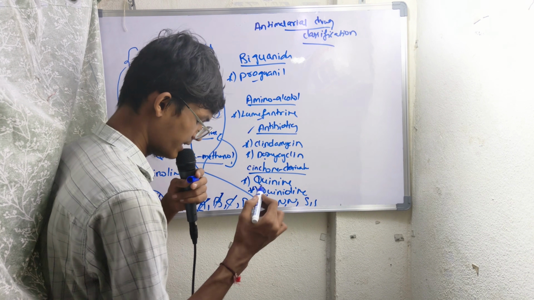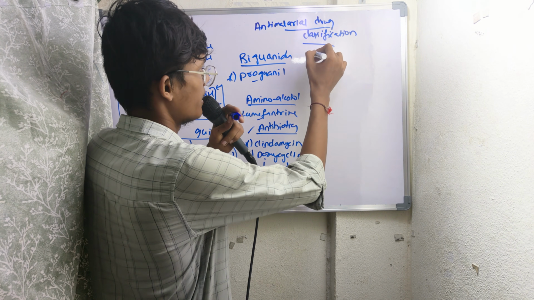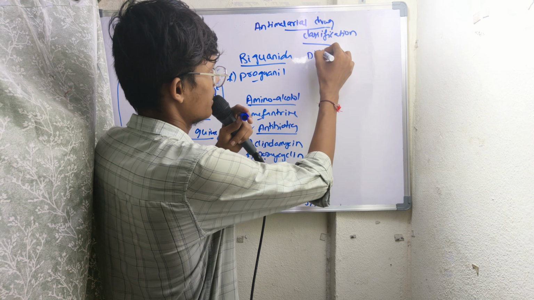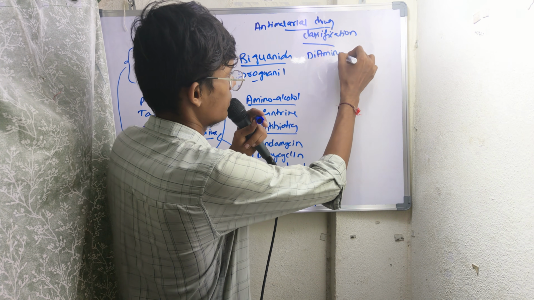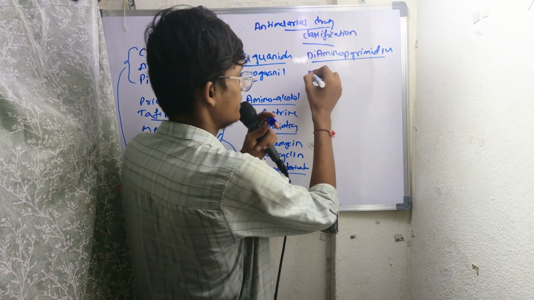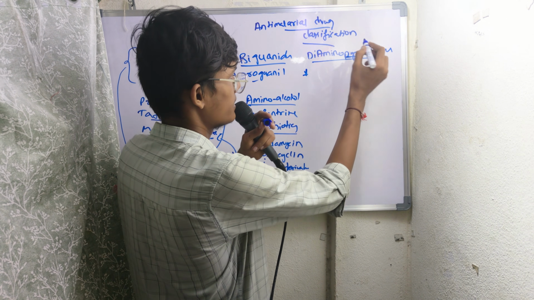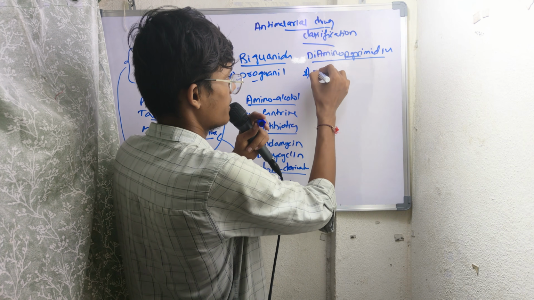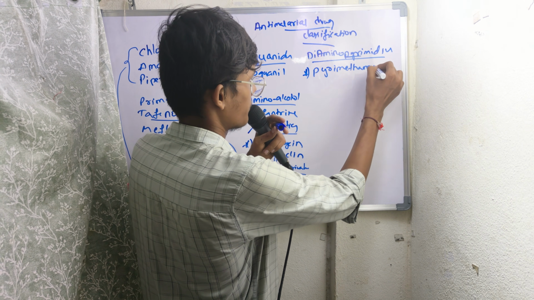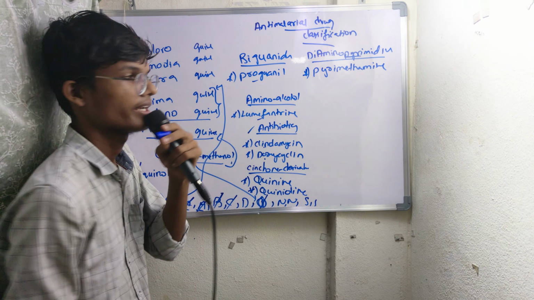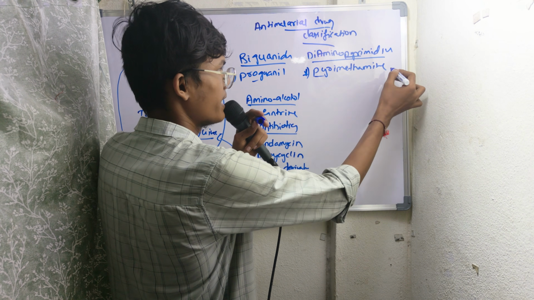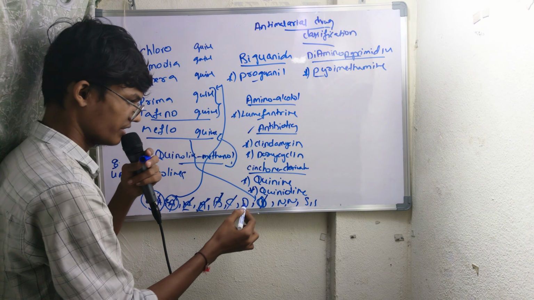Then for D, go with diaminopyrimidine. In diaminopyrimidine, take this pyri and write pyrimethamine. And we finished D also.